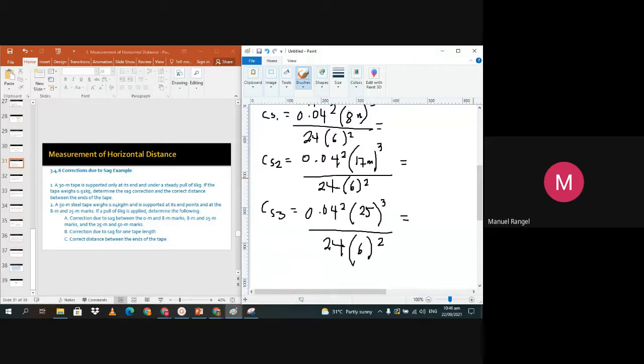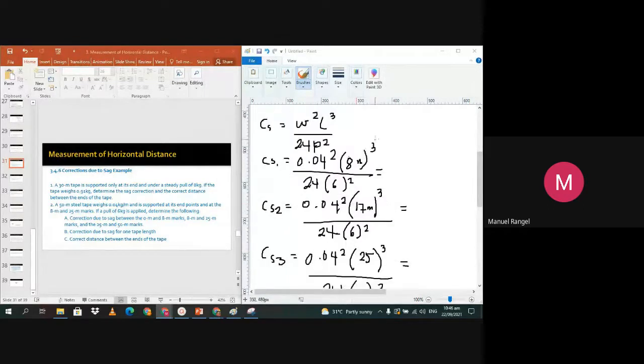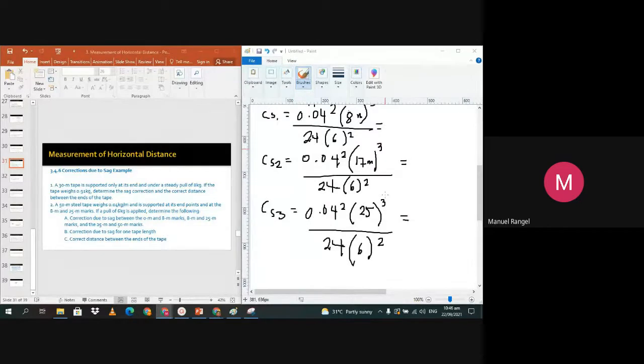So wala pa nakuha correct answer. 0.001 sa CS1, sir. Okay, wala pa nakakuha. Cube na siya kanang L. Okay, nakuha si Dave, 0.009.